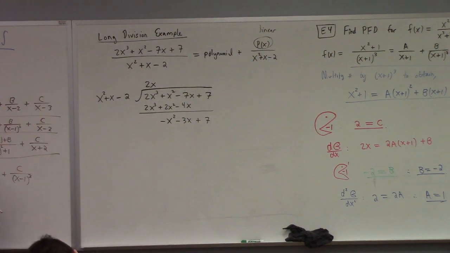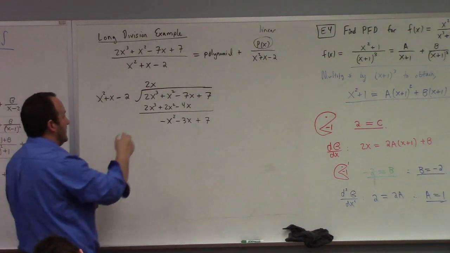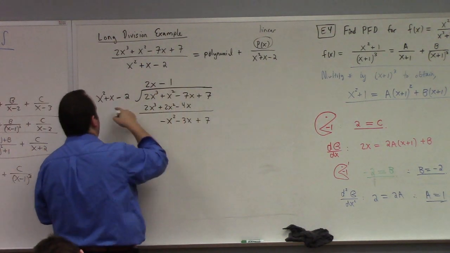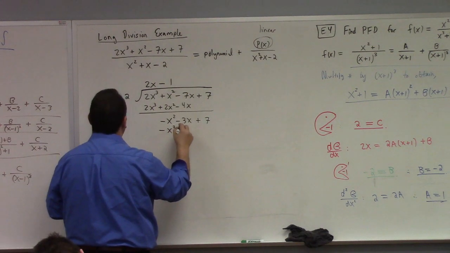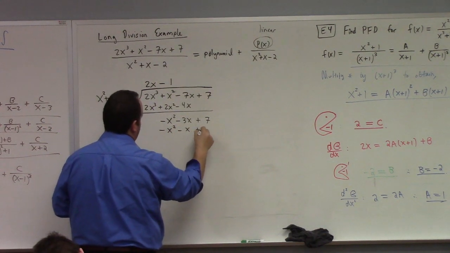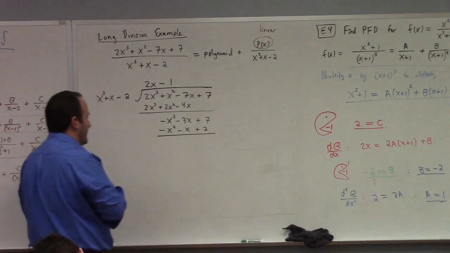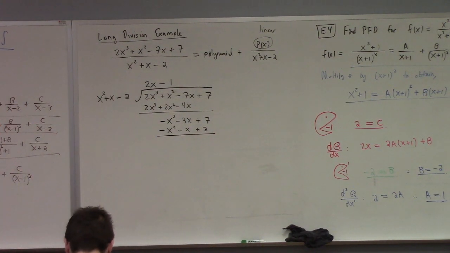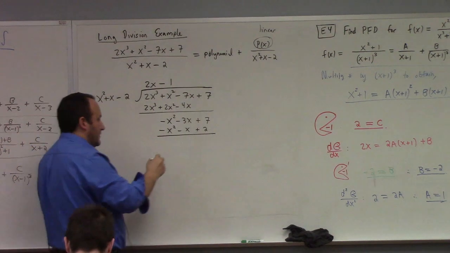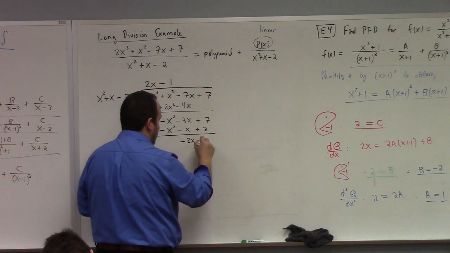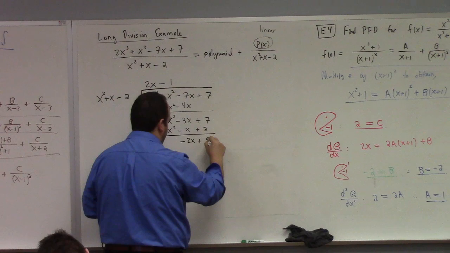Then the question is, how can I get rid of that minus x squared with the given divisor? Well, I just do minus 1, so 2x minus 1 up here. That gives me minus x squared minus x plus 2. Again, we have to subtract, and the x squareds cancel, and we're left with minus 2x plus 5.